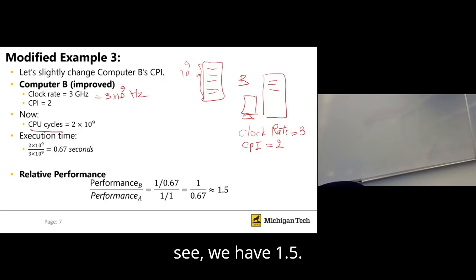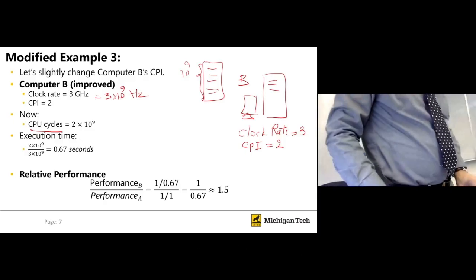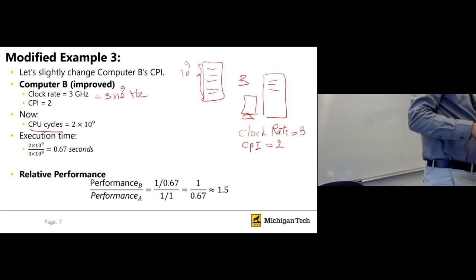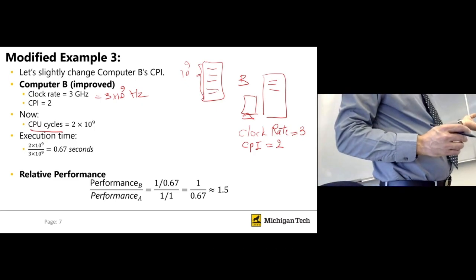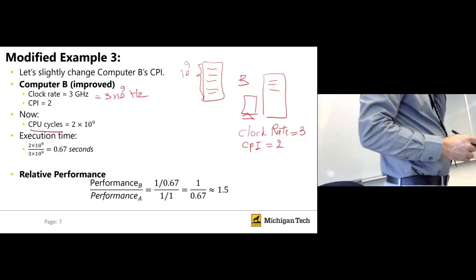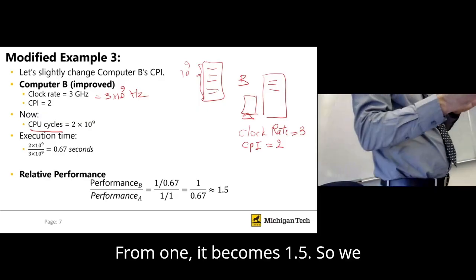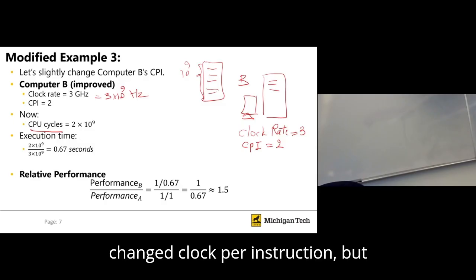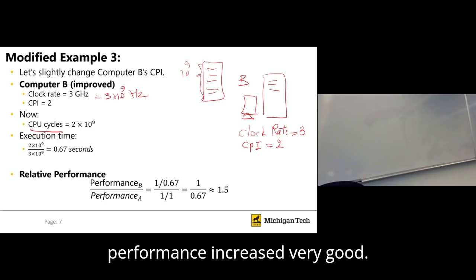So as you can see, we have 1.5. So it's like a 50% increase in performance. From 1, it becomes 1.5. We just changed clock per instruction, but the performance increase is very good.